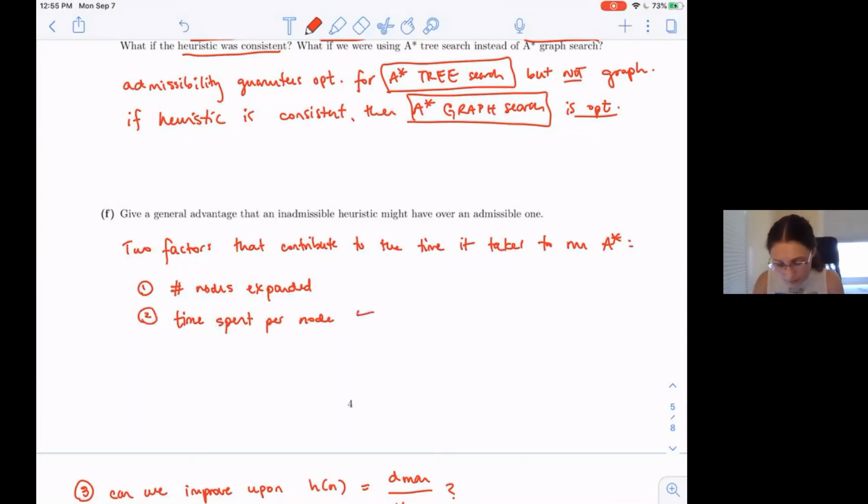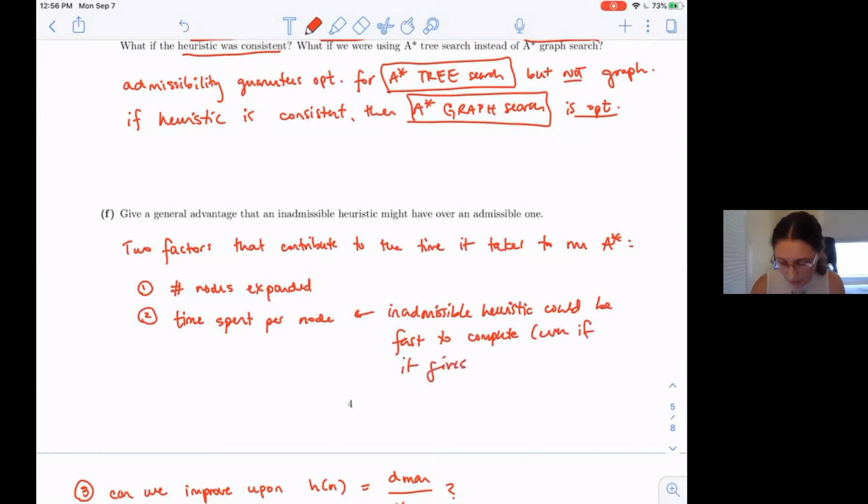So here, this inadmissible heuristic could be fast to compute, even if it gives a suboptimal answer. This is a design choice: if in your particular problem domain you don't feel that having an optimal solution is really important, then it might be desirable to choose an inadmissible heuristic that's really, really efficient to compute to make your A star run really fast.